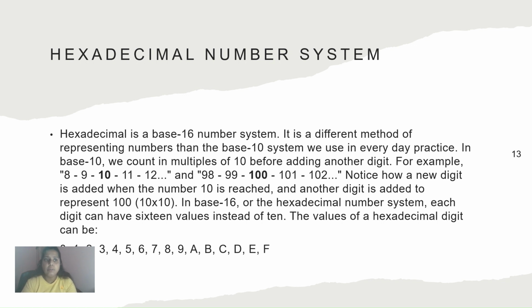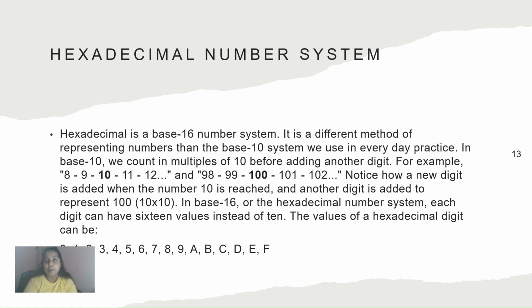Notice how a new digit is added when the number 10 is reached, and another digit is added to represent 100, 10 times 10. In base 16 or the hexadecimal number system, each digit can have 16 values instead of 10. The values of a hexadecimal digit can be 0, 1, 2, 3, 4, 5, 6, 7, 8, 9.